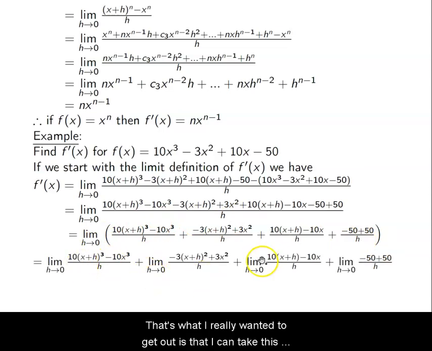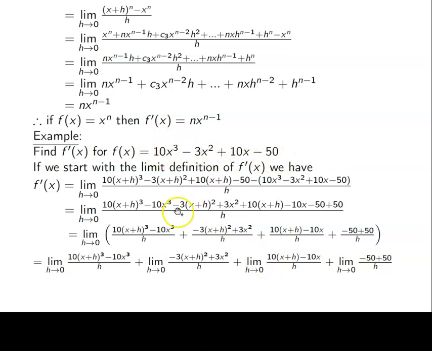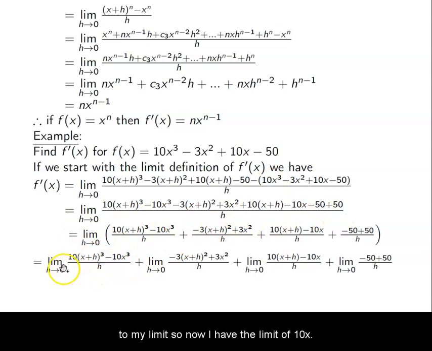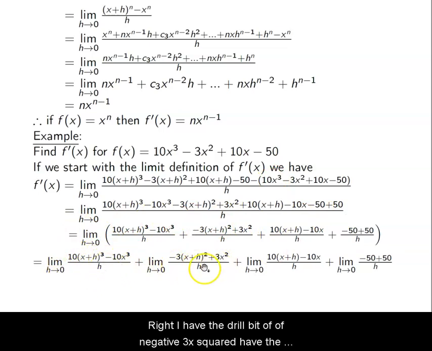And that's what I really wanted to get out, is that I can take this one single function and apply my rules of limits so that I have several derivatives being added together, right? So I separated the cube and I put it with the cube, and distributed my limit. So now I have the limit of 10x cubed, the derivative of negative 3x squared, the derivative of plus 10x, the derivative of negative 50.